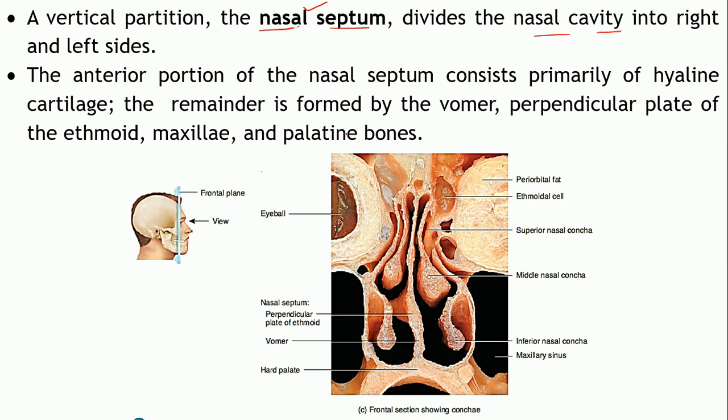Now, the anterior portion of this nasal septum consists of hyaline cartilage, and the remainder is formed by the vomer, the perpendicular plate of the ethmoid, the maxillae and the palatine bones.